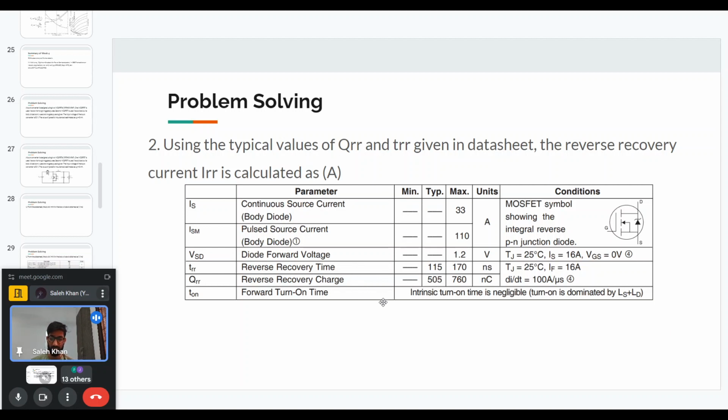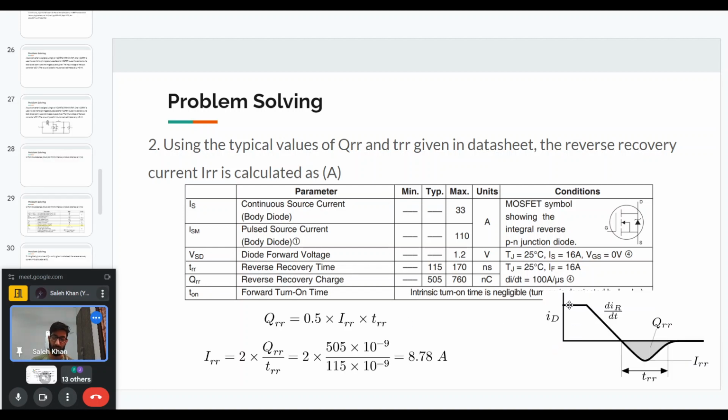So the datasheet gives us QRR and TRR, but as we saw for the RC snubber analysis, we require the value of IRR. So we can use TRR and QRR, and if we just assume that the diode current is like a triangular portion during this negative half, if we assume this to be a triangle, then the QRR will be half of the IRR times the TRR.